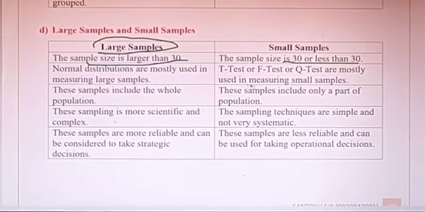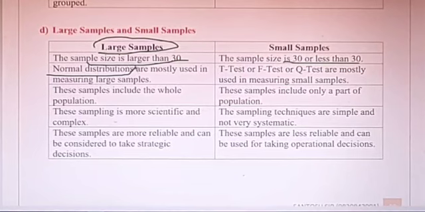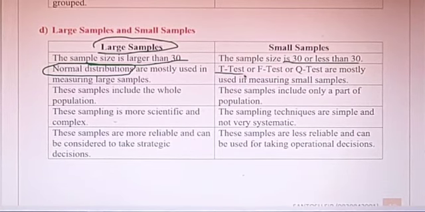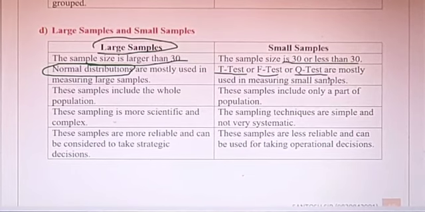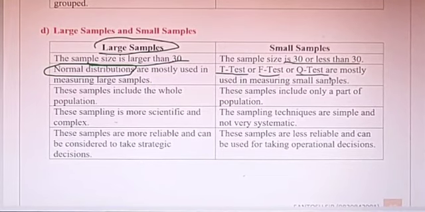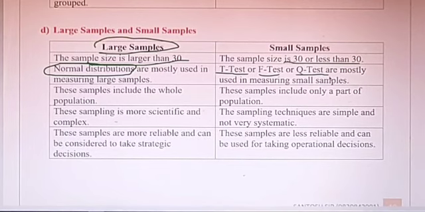For large samples we use the normal distribution technique, but we generally study small samples with the help of t-test, f-test or q. There are a lot of different types of tests. I will be telling you in another video about all these different types of tests to study samples.